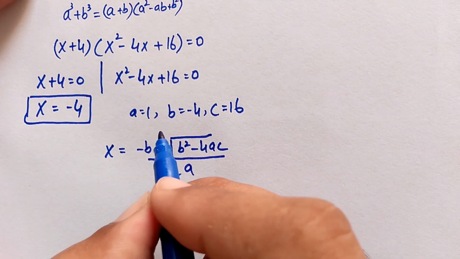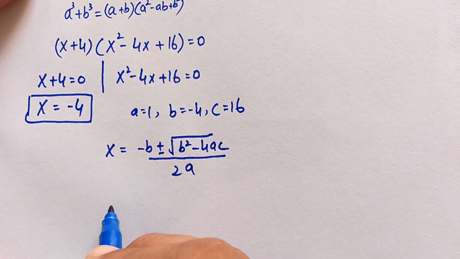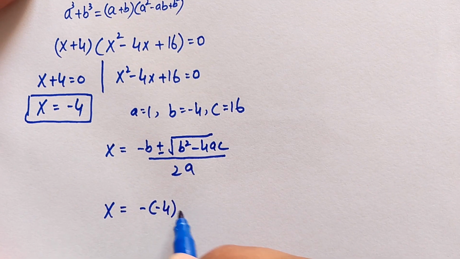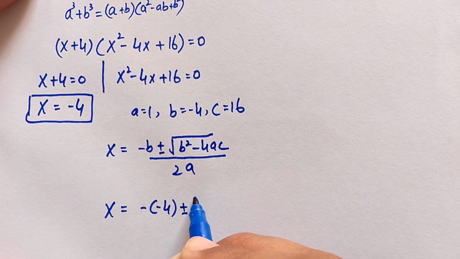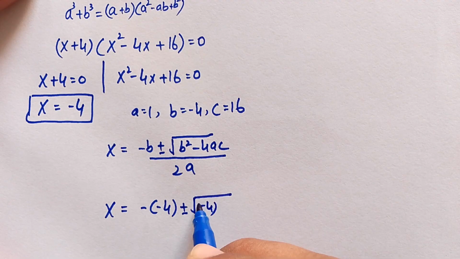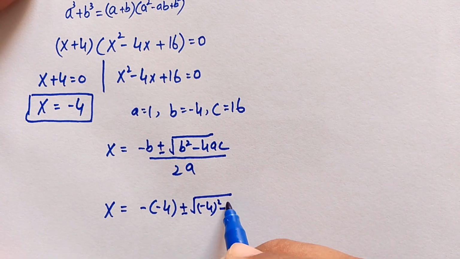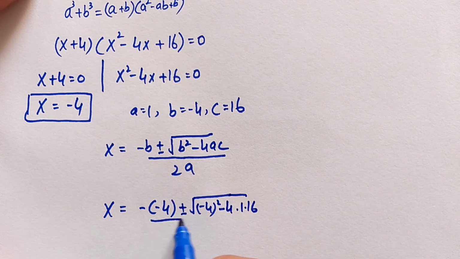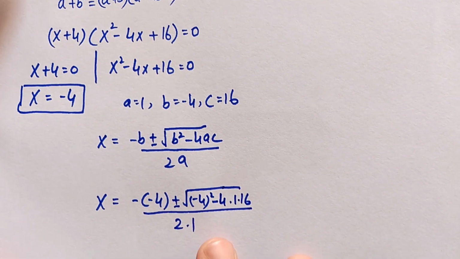Now we put these values, so this will become x is equal to minus 4 plus minus square root of minus 4 whole square minus 4 times 1 times 16 divided by 2 times 1.